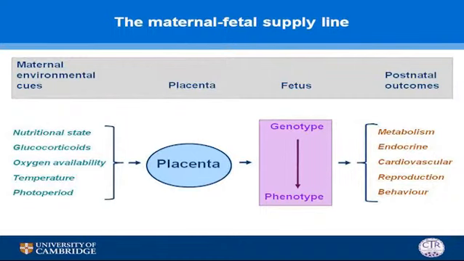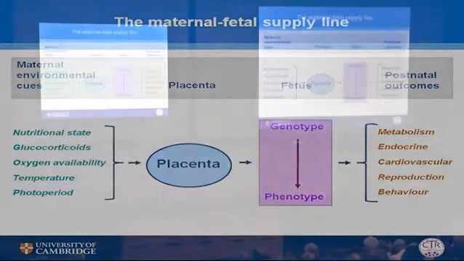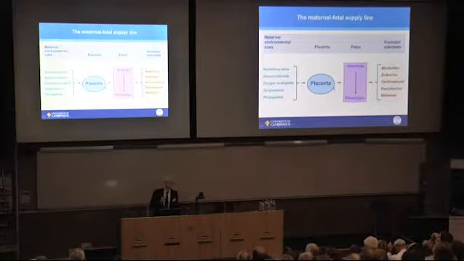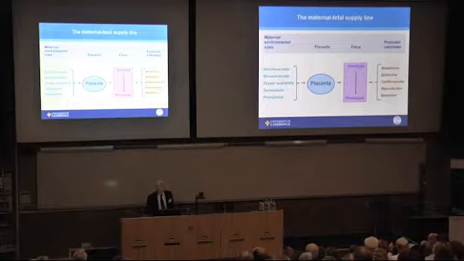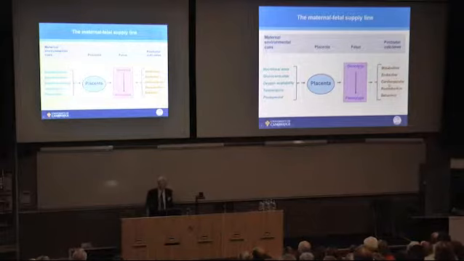But then that will determine the nutrient flow which actually passes through to the fetus, and then there will be interactions between the genotype of the fetus and that nutrient supply, which will determine its phenotype, which will be manifested then in the developmental programming of metabolism, endocrine disorders, cardiovascular disease that we're all familiar with.